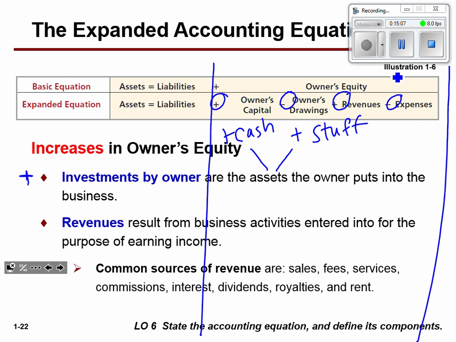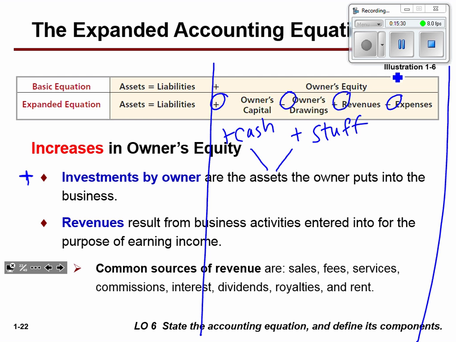So they could say, I want to put $20,000 into the business. Okay, boom, now we're all of a sudden worth more. If they put $20,000 of cash in, what else is going to go up? Owner's equity is going to go up. What else is going to go up out of the big players up there? Assets. Assets are going to go up too because the owner says, boom, here's 10 grand for the business.